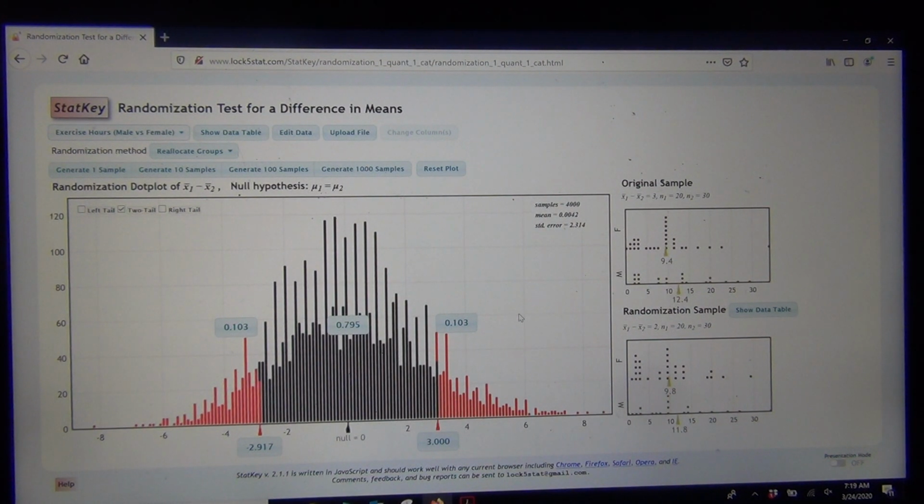That means we're going to fail to reject the null hypothesis, but the null hypothesis actually was the claim, right? We were claiming that they were equal. So it sounds like there is not significant evidence to reject the claim that the population mean average exercise hours for males and females are equal or are the same.